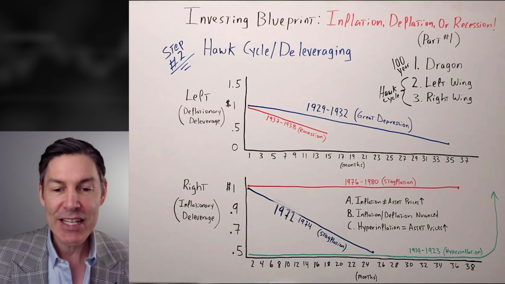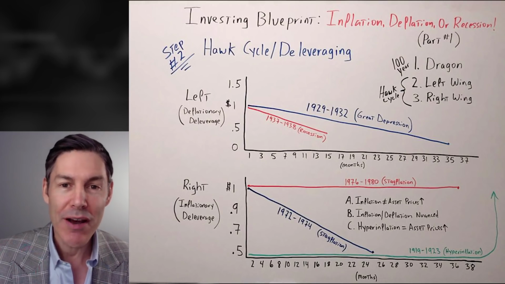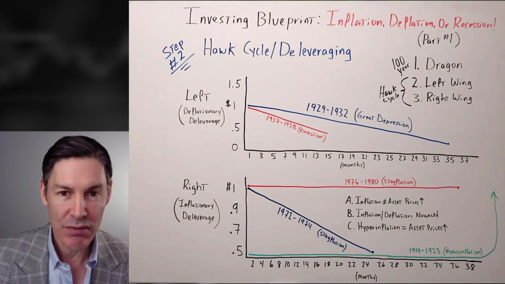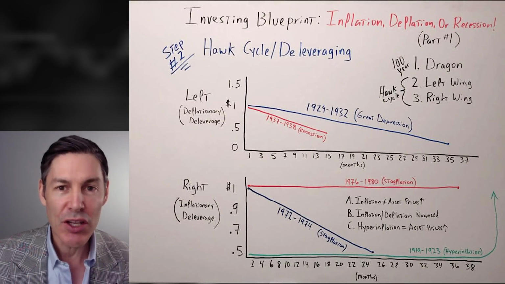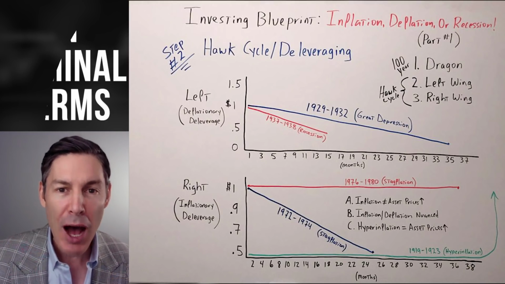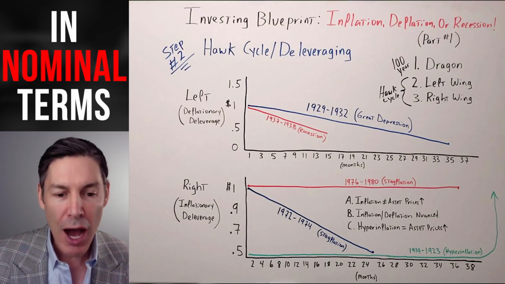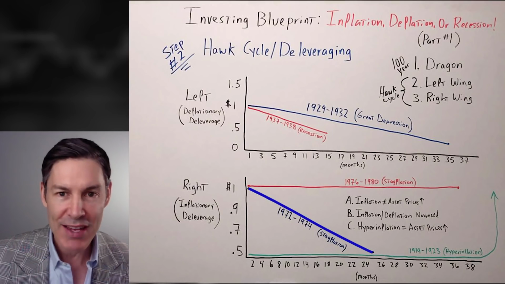From 1972 to 1974, a period of stagflation. So inflation in the United States running at 6, maybe 7%. The stock market went down in nominal terms, not inflation adjusted, by almost 50%.